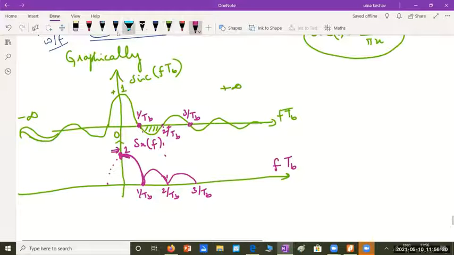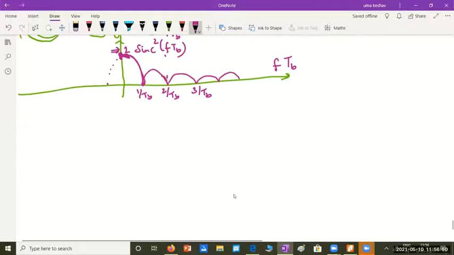Before writing Sx, if you want, I'll call this, what is this value? This value is sinc square ftb. Whatever I have written here is sinc square ftb, where I'm going to get positive values only.